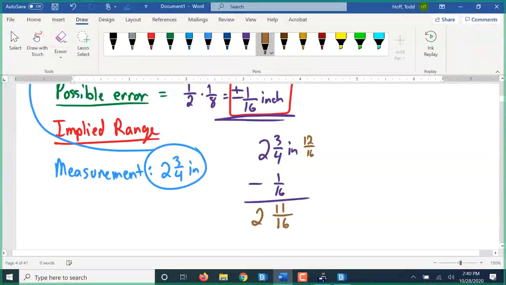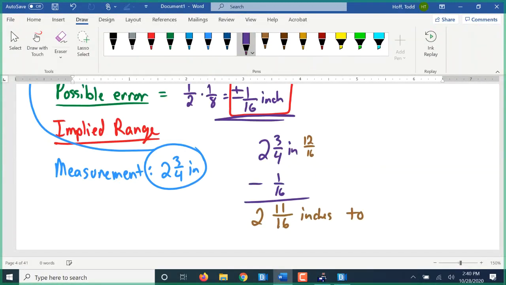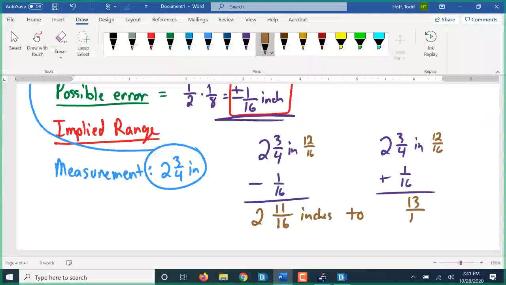That's 2 and 11/16 inches. To that reported measurement, plus a 1/16 of an inch. So that's still 12/16 plus 1 is 13/16. That's 2 and 13/16 inches.